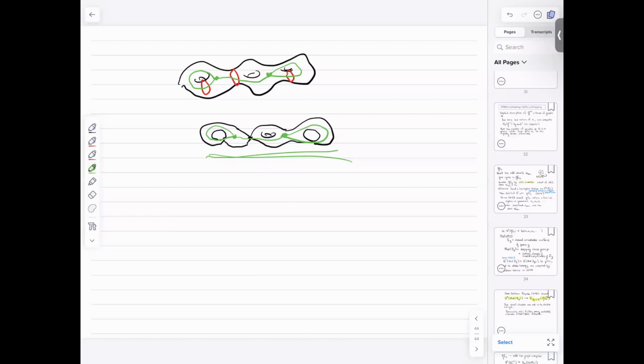That's the basis of Chan, Galatius and Payne's identification of the cohomology of the moduli space of Riemann surfaces with graph homology.